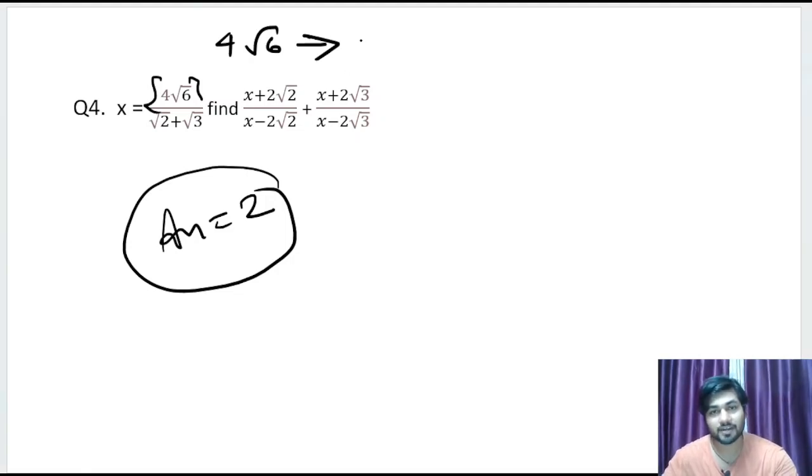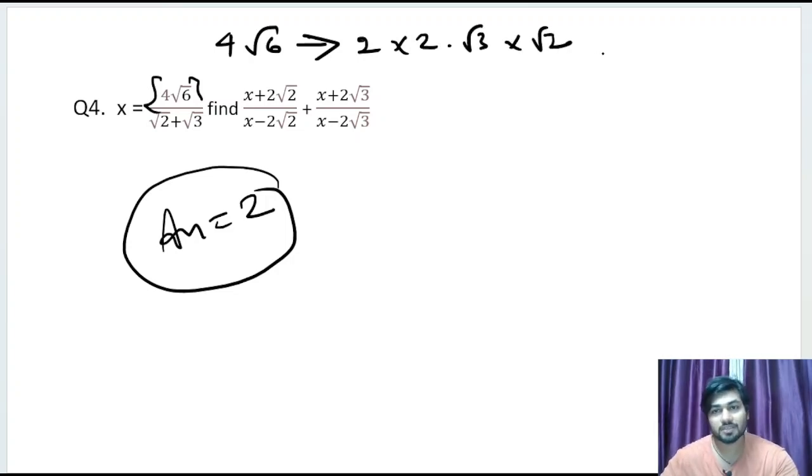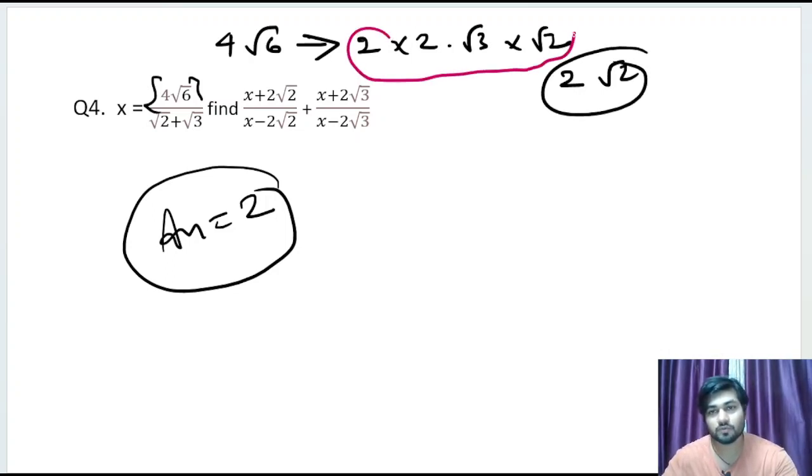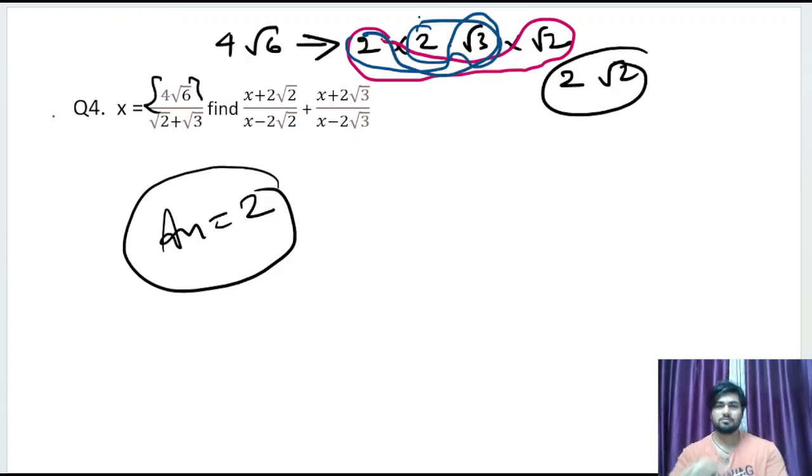It will be 2 into 2 into root 3 into root 2, which means I can take 2 root 2 once, and again I can take this 2 with root 3, or this 2 with root 3, anyone.